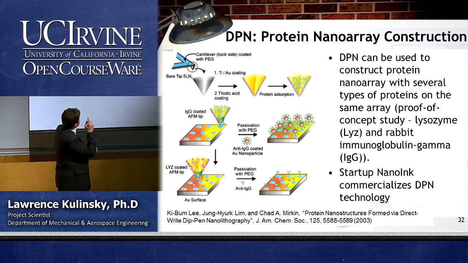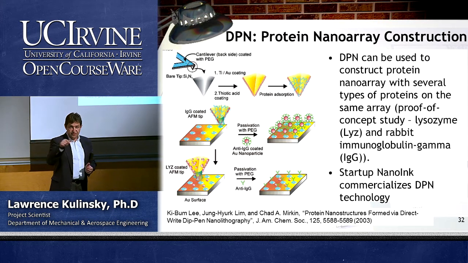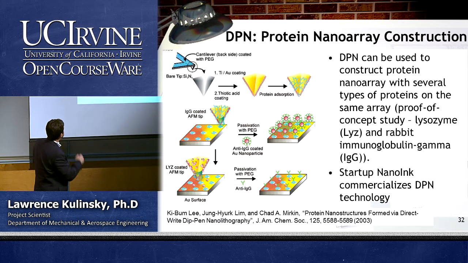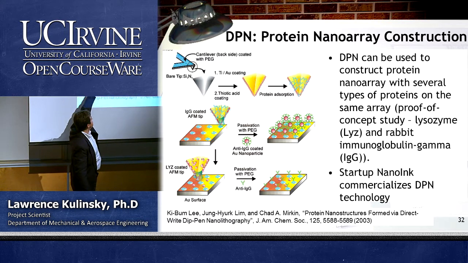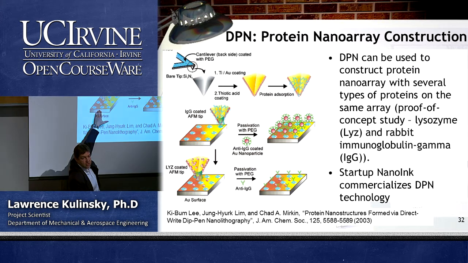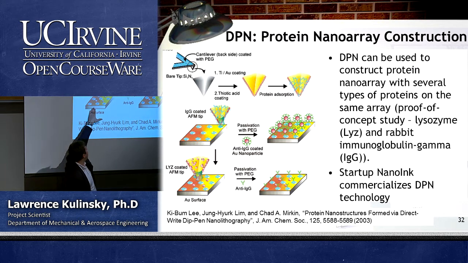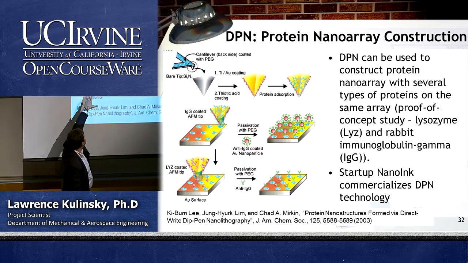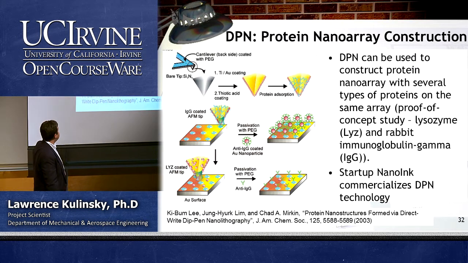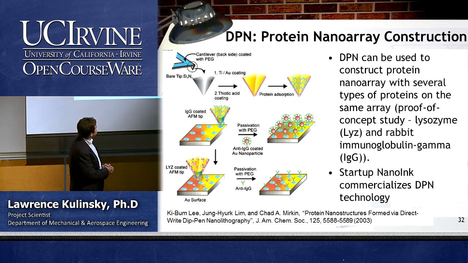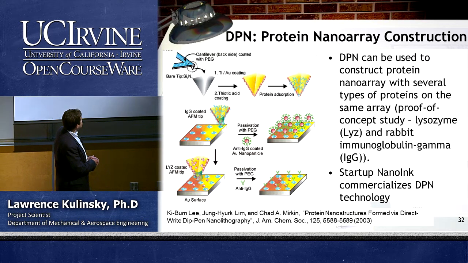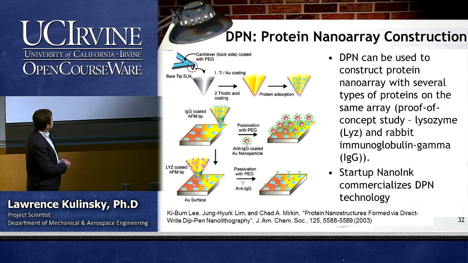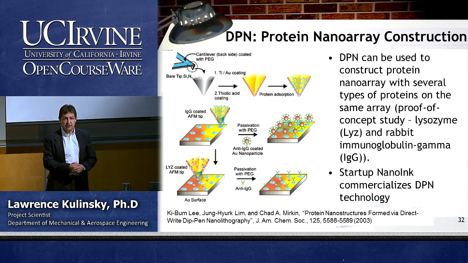So in this study, the AFM tip and dip pen lithography were used to pattern and create microarrays of two different types of proteins. So it was lysozyme and immunoglobulin gamma.